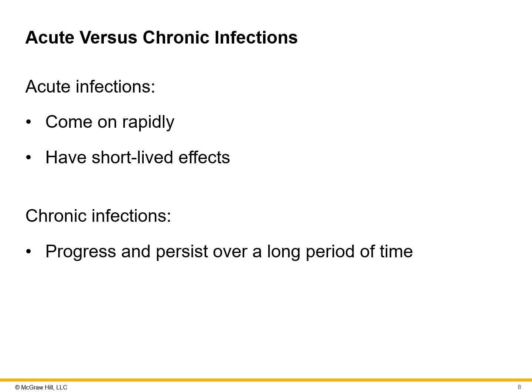So a couple other terms. We can have an acute infection, so this comes on rapidly and is usually short-lived. So think about typically like strep throat, we're exposed to it and then we get rid of it. Whereas chronic infections persist for a long time, so they take a long time for them to be resolved, if ever.